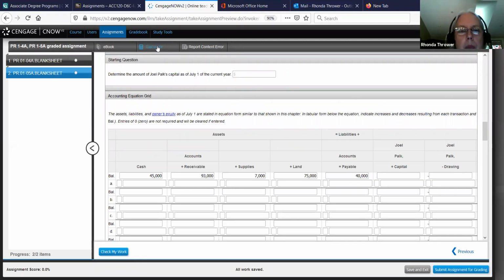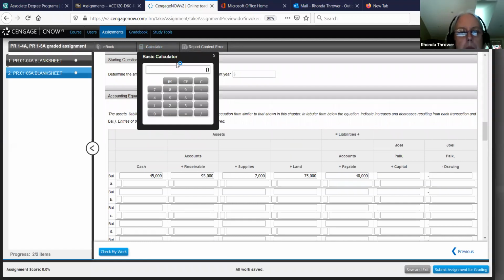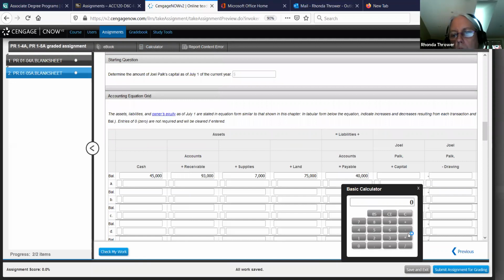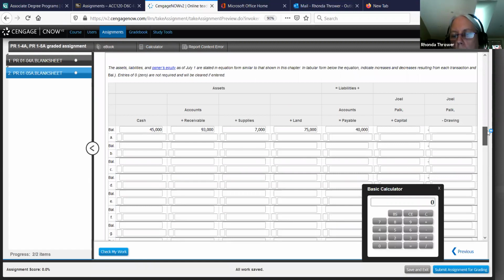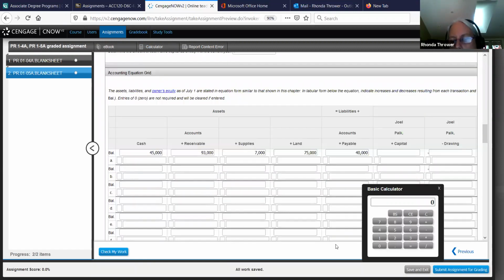So I'm going to pull up a calculator. And I'm going to put it down here to the bottom. I'm going to move this around a little bit where we can all see what we're doing here. I'm going to add my assets. Cash, accounts receivable is an asset. Supplies is a prepaid expense, and all prepaid expenses are assets to start with. Land is an asset account.